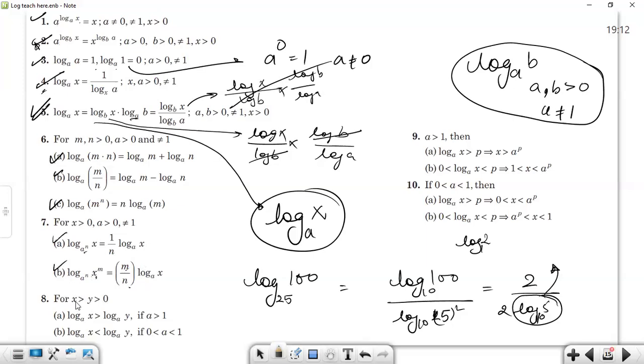So we have already discussed these two properties. This inequality is also important. Okay, may I erase everything?